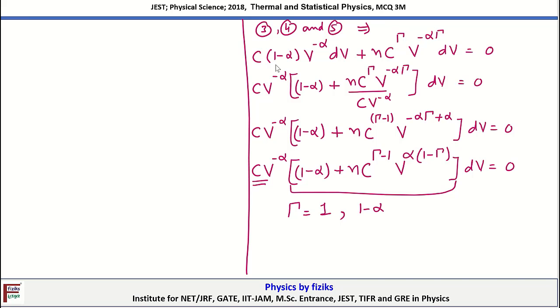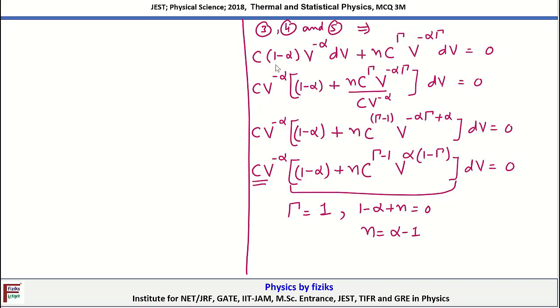And here also b power alpha into 1 minus 1, that is b power 0, that's also 1, so that's 1 minus alpha plus n, that is also equal to 0. So when gamma is equal to 1, and 1 minus alpha plus n is equal to 0, I can write n is equal to alpha minus 1.